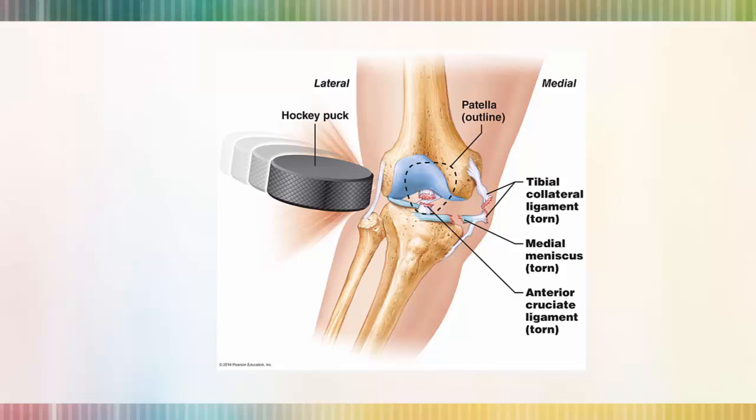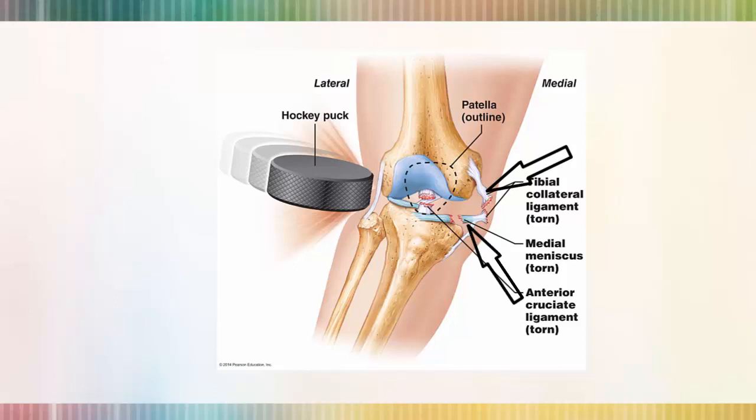The most common athletic injury to the knee is the lateral blow. And the extent of damage really depends on how much force comes at the knee from the lateral side. So a mild injury in this case may give just a mild sprain of the tibial collateral ligament, or if there's a more severe force coming at the knee from the lateral side, it could completely tear the medial collateral ligament and also tear the medial meniscus.